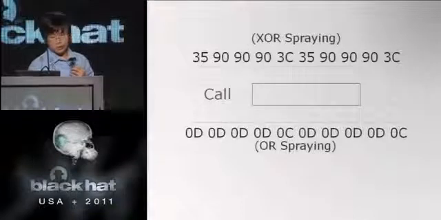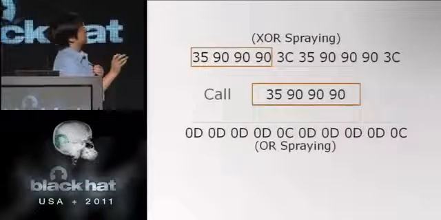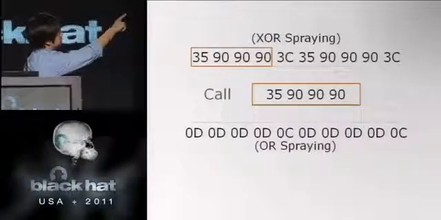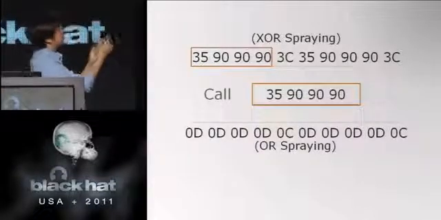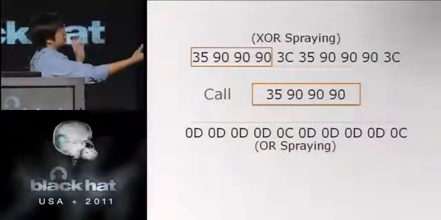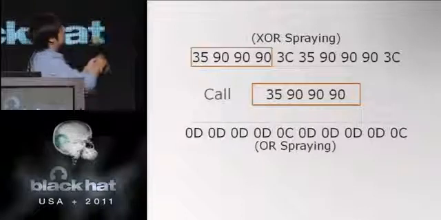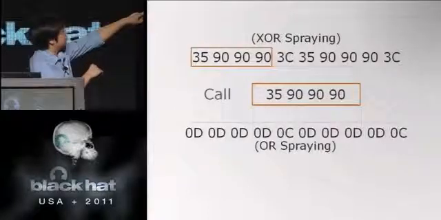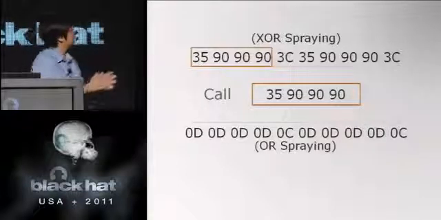If we use the old trick, XOR spraying, the value of the code will be one of the possible combinations of the XOR spraying string. It could start with 35, or 90, or 3C, and this destination is difficult for us to spray.